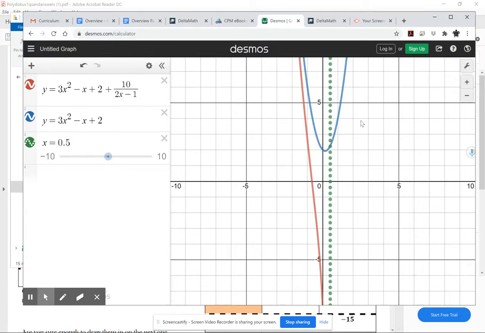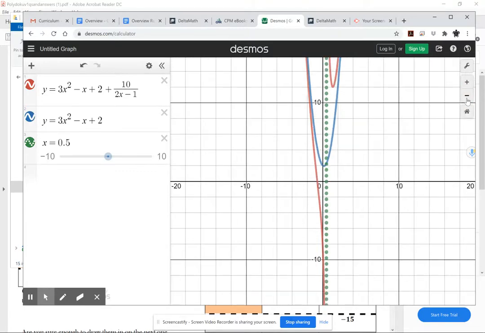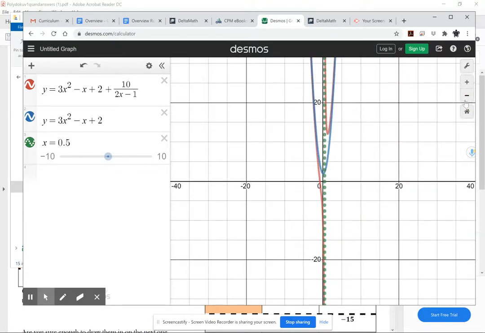So even though it looks like at this point these two functions, this one and this one, are not very similar, if I zoom out, I actually get a picture that shows me that they are kind of similar.